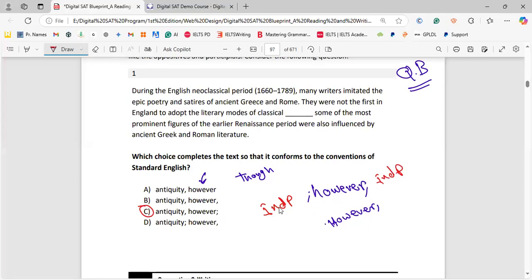And the two independent clauses should be contradictory in meaning. There should be a paradox between this one and that one. Here also, independent and another independent, and both of them are against each other. In that case, in that organization, we don't have two sentences. We have three sentences. Okay?